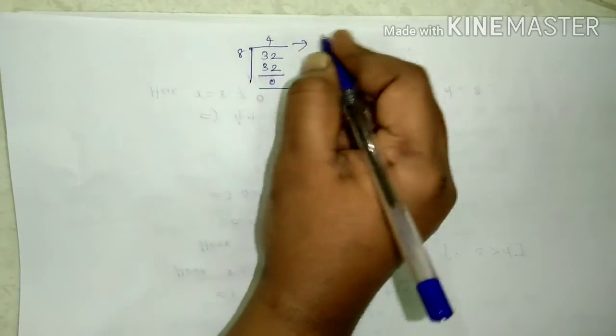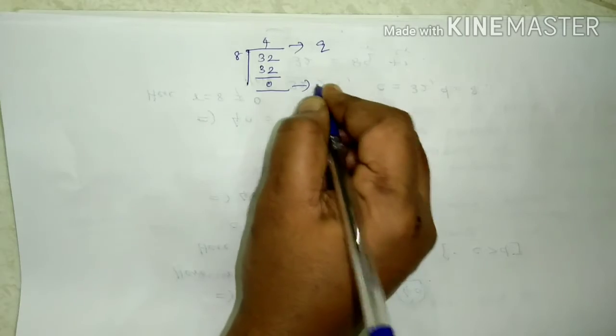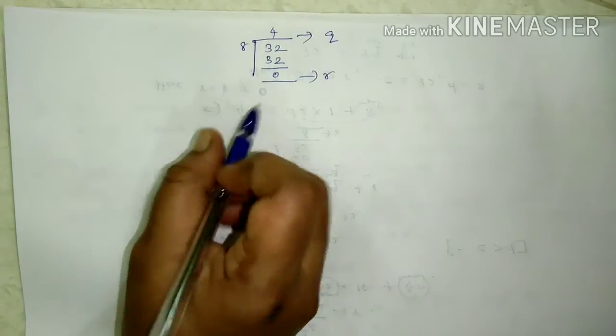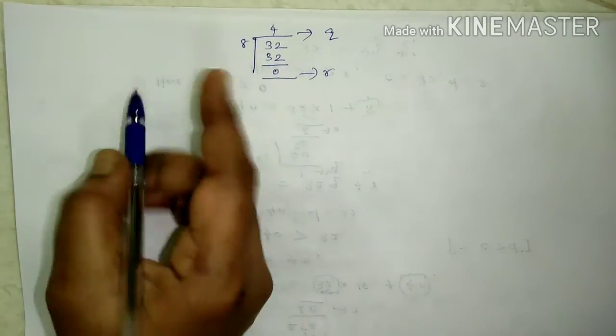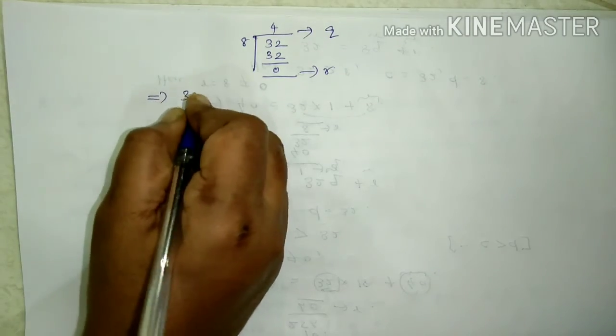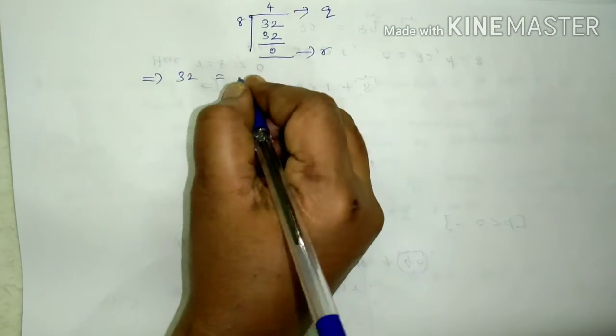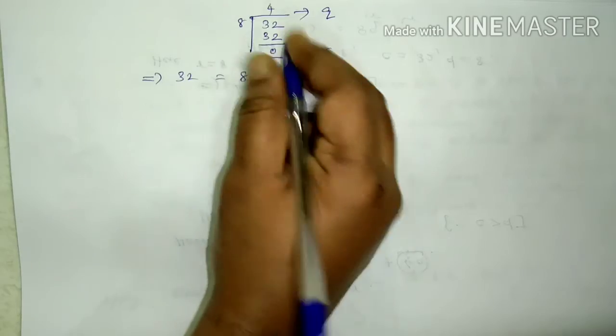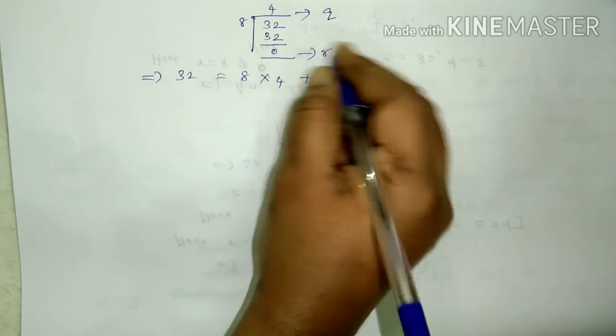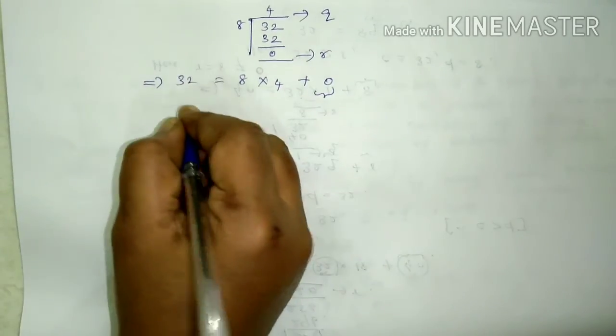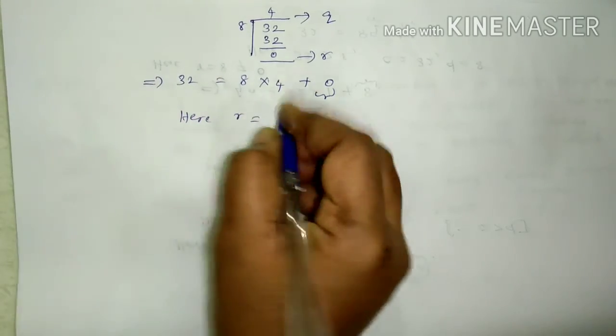So 4 is the Q value and R is 0. Substituting in the equation, 32 equal to divisor 8 into Q value 4 plus R value 0. So here our R value is equal to 0.